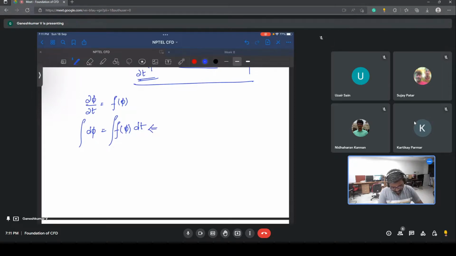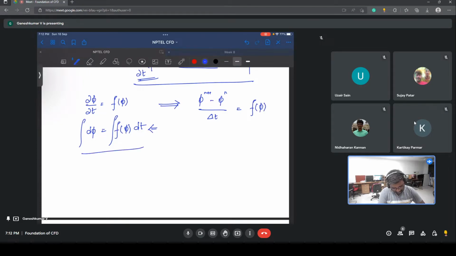You can simply apply a central differencing or forward differencing in this case, because you know the initial condition. From there you need to go step by step; you need to march in time, right? So you write it something like this: phi at n divided by delta t is equal to some function of phi. This is how you approximate it.